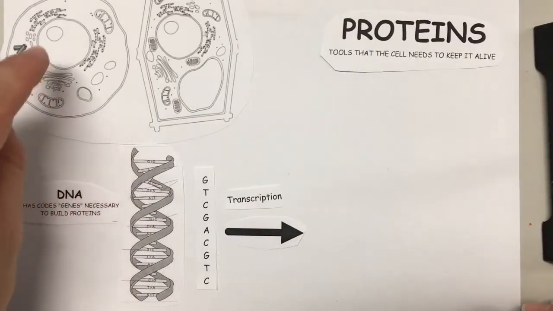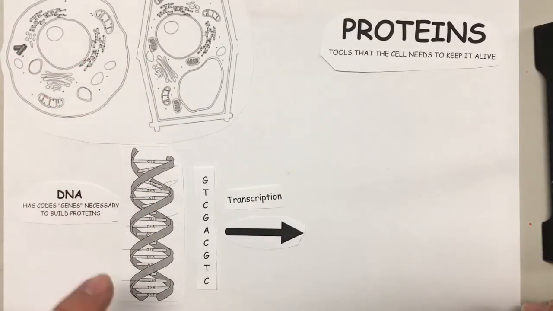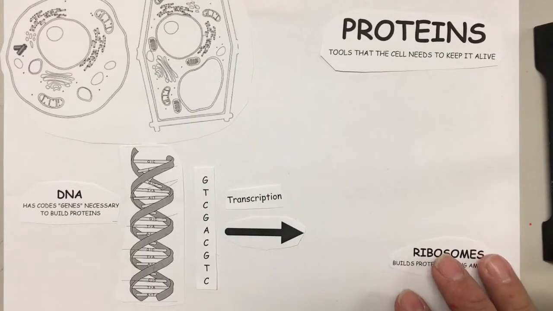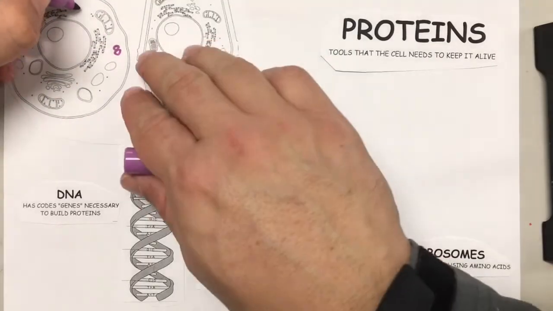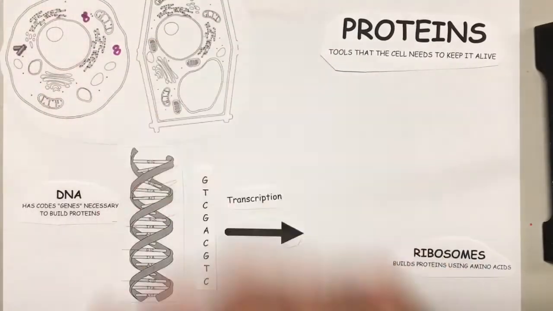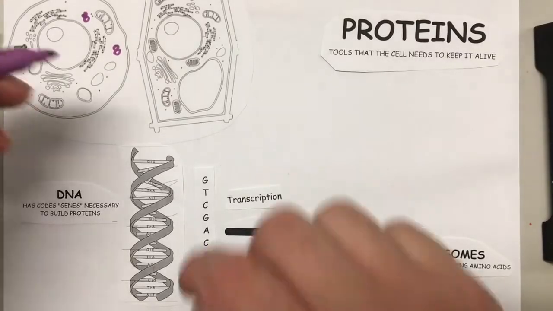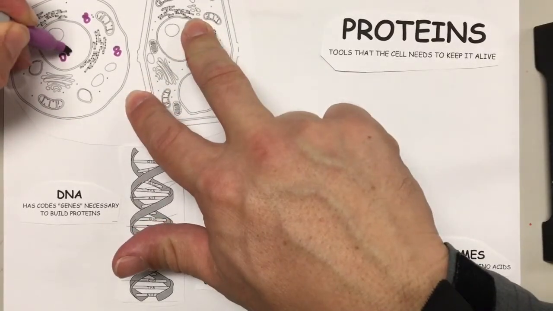Because remember, DNA is in the nucleus, and the things that are going to make the protein are called ribosomes. The ribosomes are out here in the cytoplasm, and on the rough ER, but DNA is inside here.